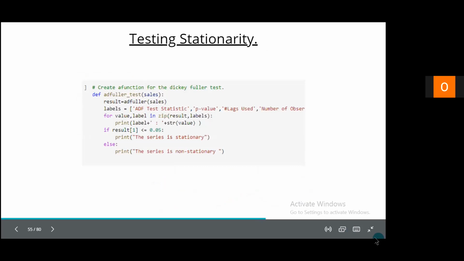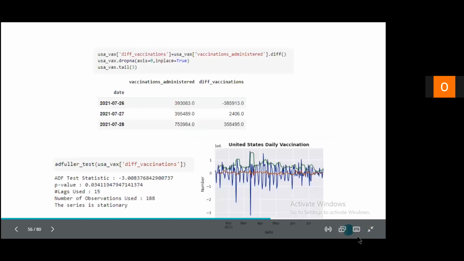So remember when I mentioned stationarity, we created a function to test for the stationarity of our data, and we found that our data was actually not stationary. And we made it stationary, using a Python function, the code is above, by using differencing.